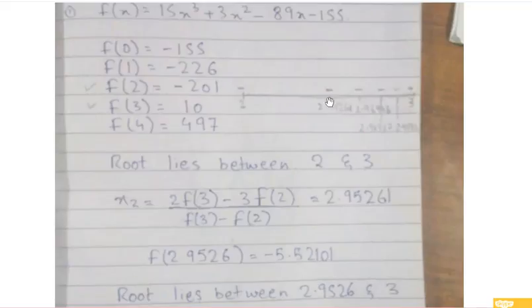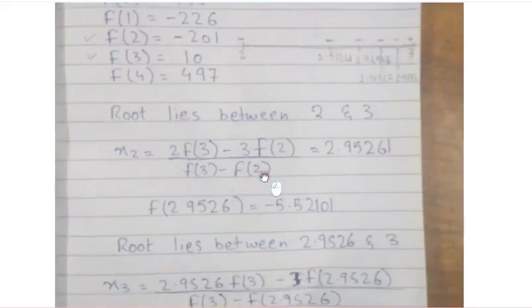So here we put the sign negative. So now the root lies between a negative and a positive value, which is 2.95261 and 3. Ignore the remaining values in between.